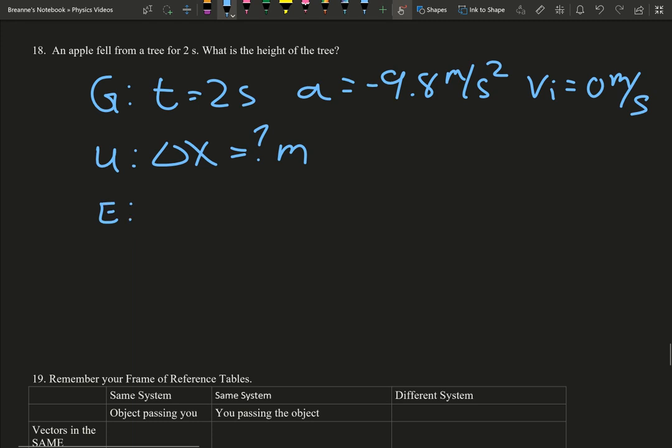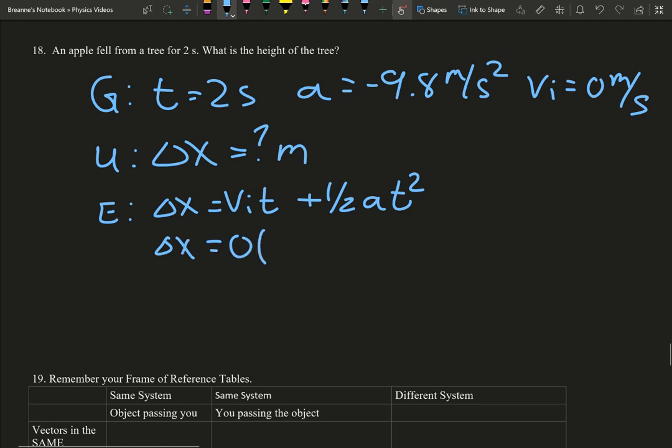So the equation that we're going to end up using is delta x equals v_i t plus 1/2 a t squared. We're looking for our delta x. Our initial velocity is 0. Our time is 2, plus 1/2 times negative 9.8 times t squared. 0 times anything is 0.